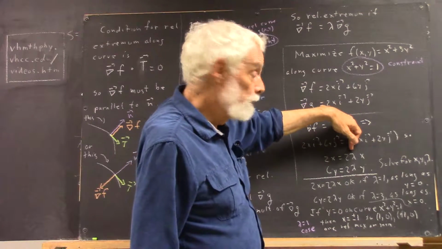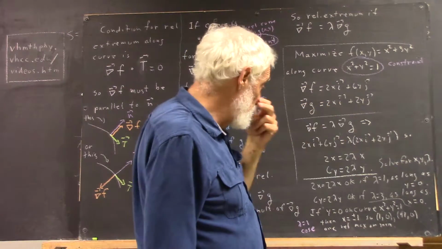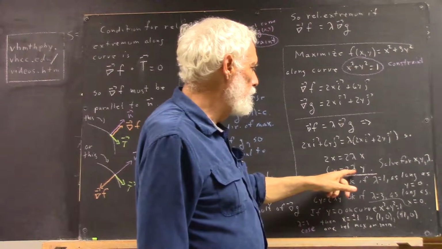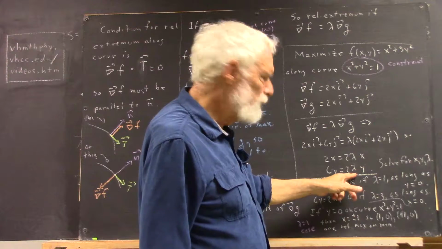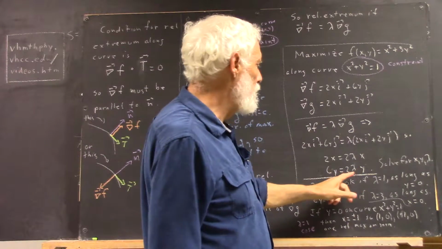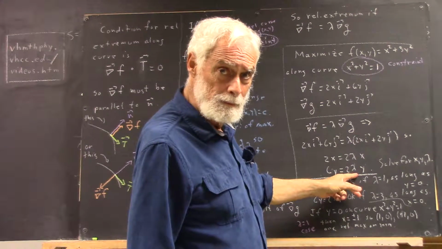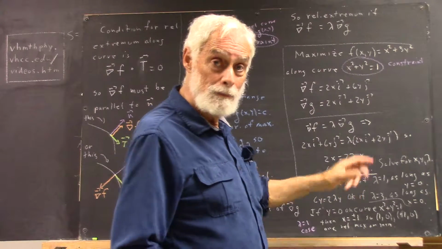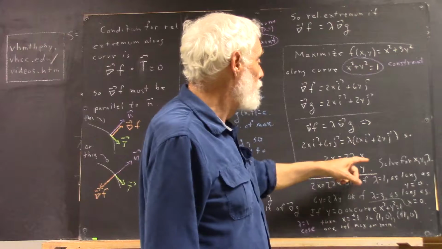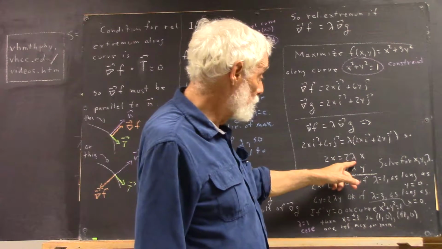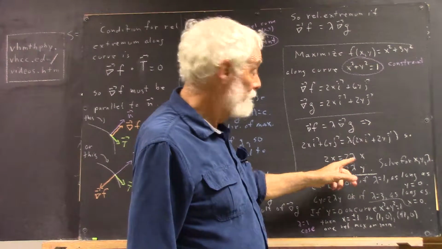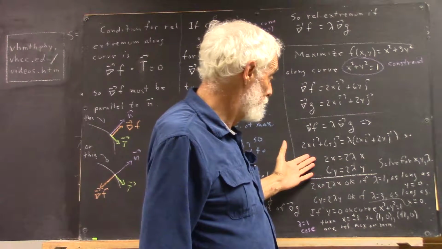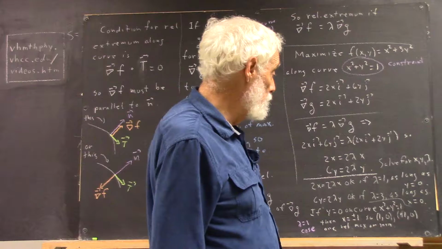You could obviously solve for lambda, you're going to get 1. Okay? And then 6y has to equal 2 lambda y, but lambda equals 1. That means 6y has to equal 2y. Well, that can happen. What's the value of y? 0. So, if y is 0 and lambda is 1, you get the coordinates of a point and the value of lambda.